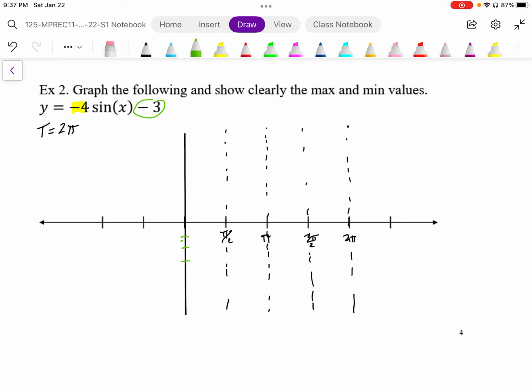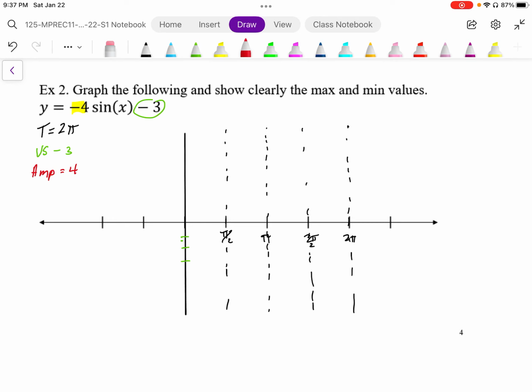So I'm just going to mark that down, my vertical shift -3, and my amplitude is equal to 4. Now remember the amplitude is not a position up or down, but it is the absolute value of that A coefficient. So the amplitude is 4.